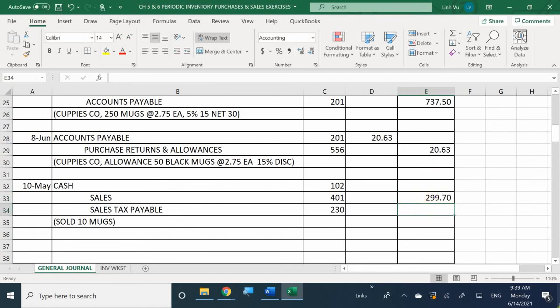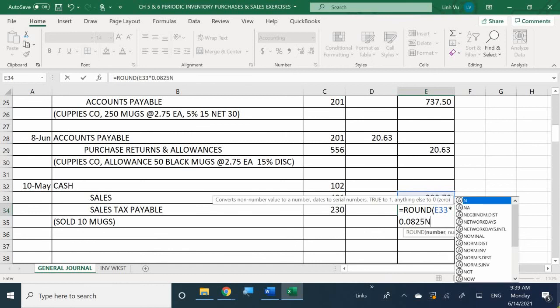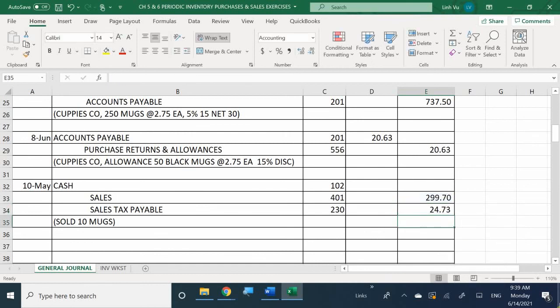Good. All right. So then in this case, how much tax am I going to be collecting? 24.73. So in grand total, how much cash should I be receiving? $324.43.